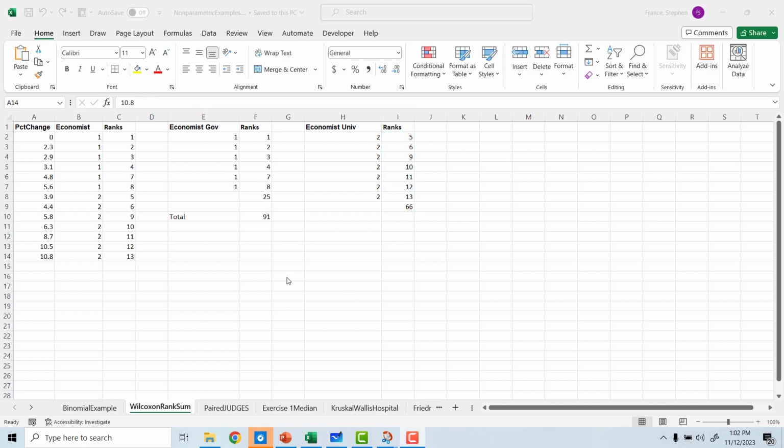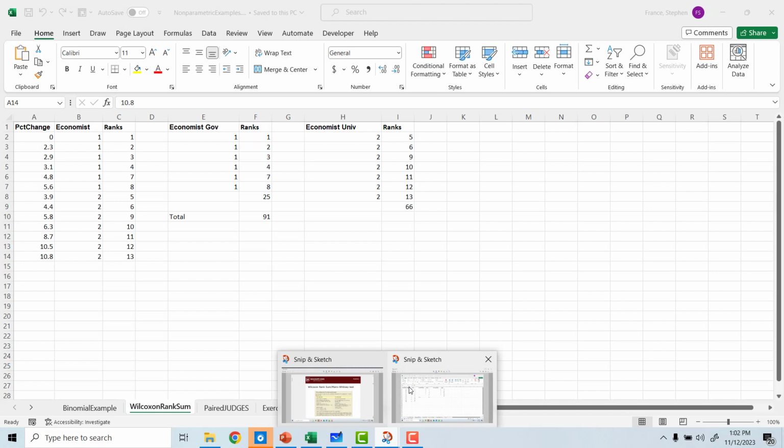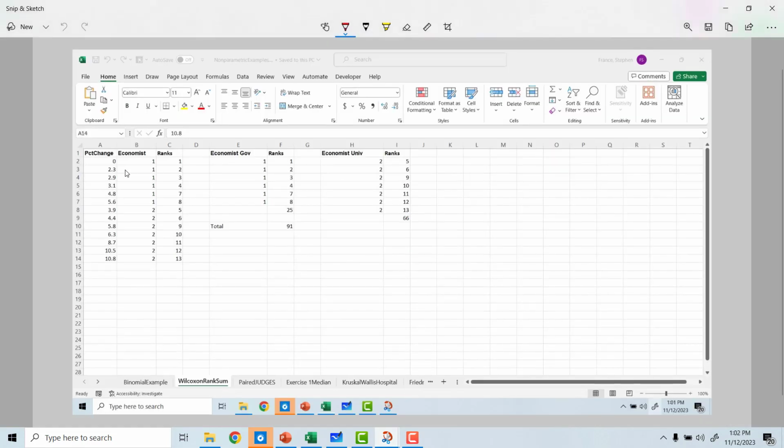As an interesting aside, the sum of these ranks, the 25 and the 61, is always equal to the same value, which is n times n plus 1 all over 2. So let's think about this. Our total n here is 13 because we have 13 raters.